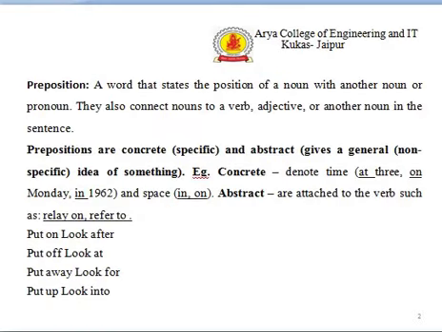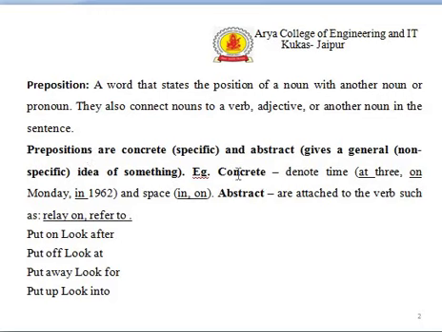Firstly, we define a preposition: it is a word that states the position of a noun with another noun or pronoun. They also connect nouns to a verb, adjective, or another noun in the sentence. Prepositions are concrete, that is specific, and abstract, that means gives a general non-specific idea of something.